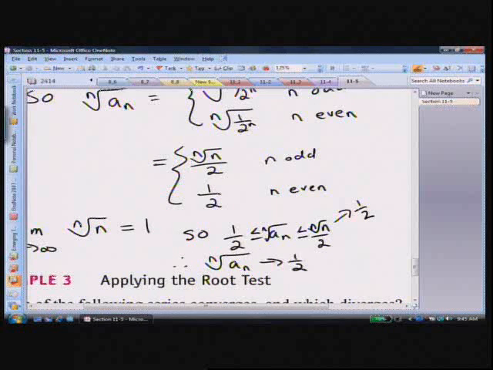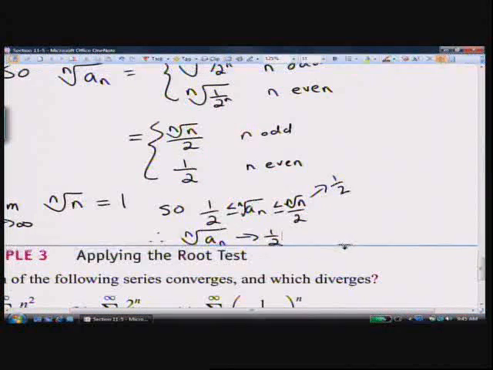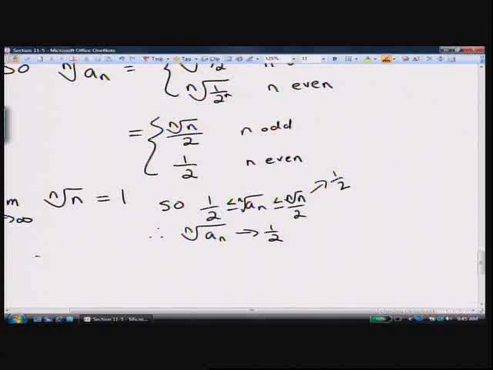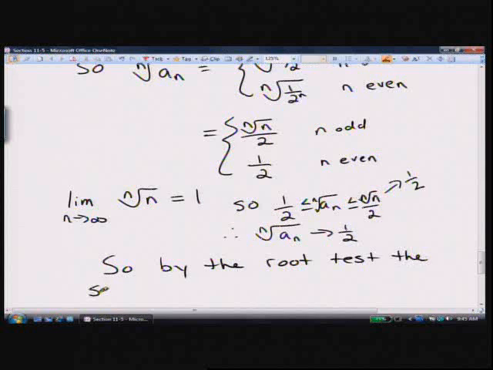Goes to 1/2, which by the root test does what? Yeah. Root test, the series converges.